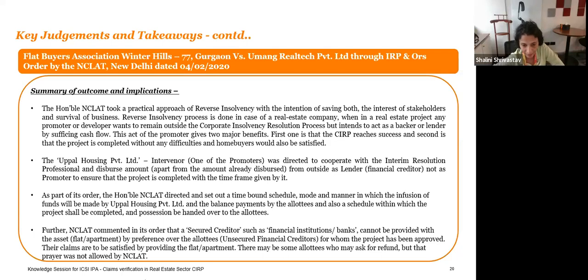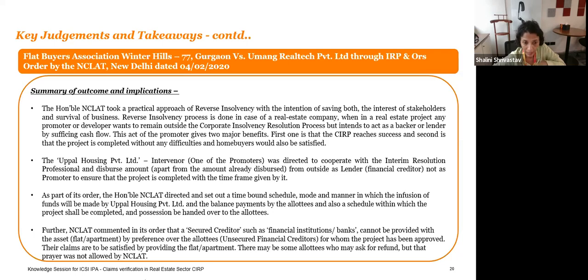Thank you, and just to complete all the points on this: the intervener, one of the promoters, was directed to cooperate with the IRP. So what you were asking, what is the mechanism, how would it happen? There was a specific direction to Uppal Housing, a promoter entity, to disburse the amount apart from the amounts already disbursed from outside as a lender or financial creditor, not as a promoter, to ensure that the project is completed within the time frame given.